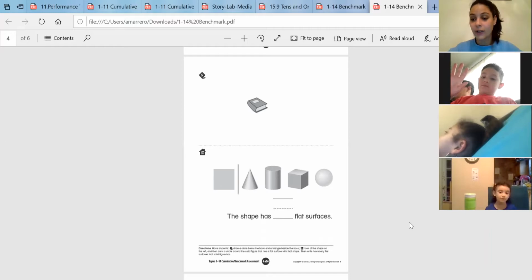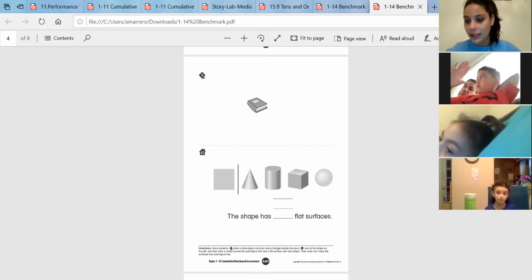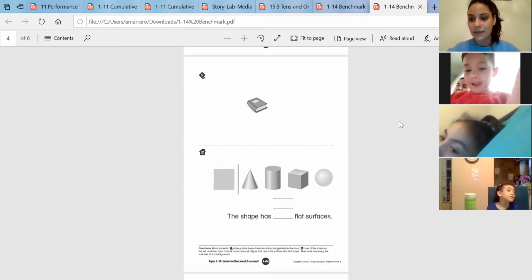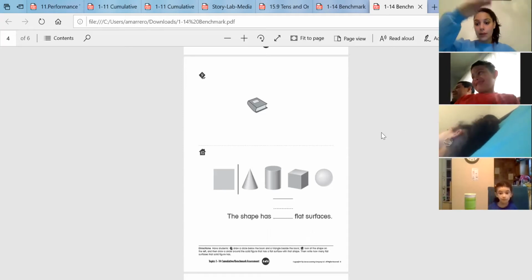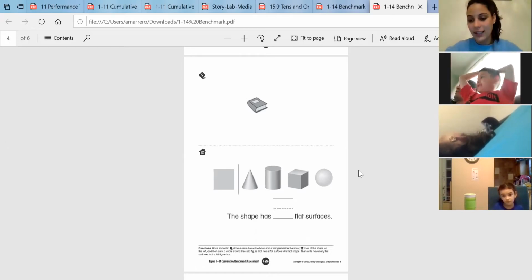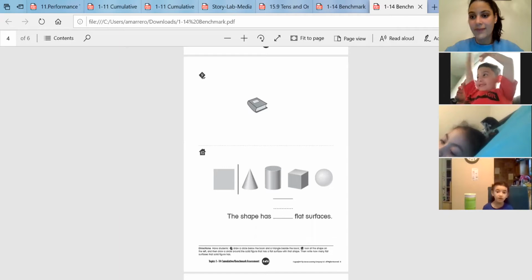Now, if we had our little blocks, this would be much easier to count. Let's see. Jaden? 6. 6. Yep, you are right. 6. You have the top, the bottom, and then the 4 sides that put it together. Top, bottom, back, forward.